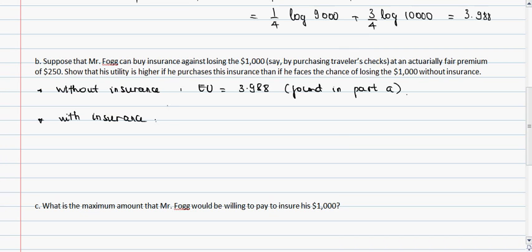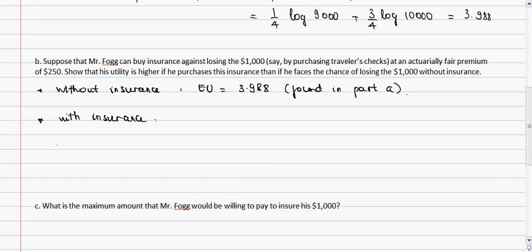With the insurance, in the case of loss, the consumer is going to get $1,000 back, so he is not going to lose anything. The only thing he will have to pay is the $250 for the insurance.